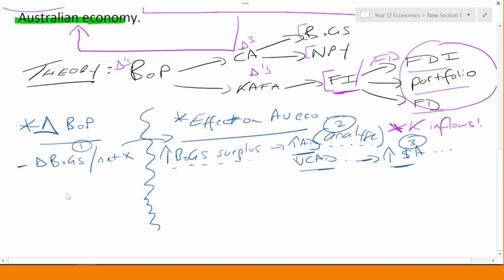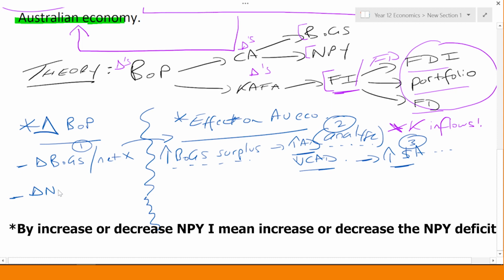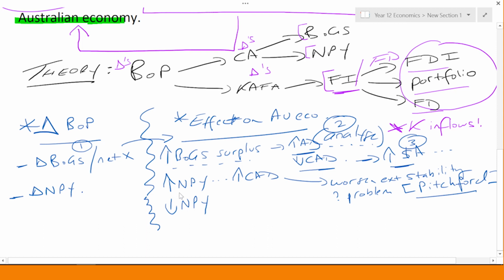So let's think about another example. Let's say that there are changes in NPY. So if NPY gets larger, or NPY gets smaller. If we get an increase in NPY, that's likely to increase the current account deficit, which could worsen external stability.